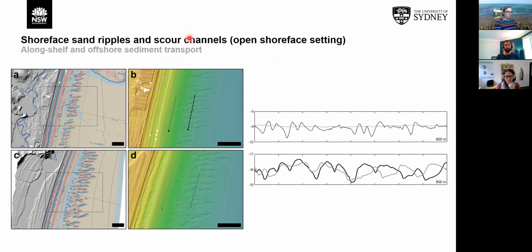It's showing some depositional evidence of longshore transport outside the surf zone. So this is on our shoreface to inner shelf, and also how that's affecting cross-shore processes. These scour channels provide some evidence of hydrodynamics and potentially sediment movement from the surf zone out across the shoreface. These profiles here are just along these lines, with the circle being the start of the relevant profile.